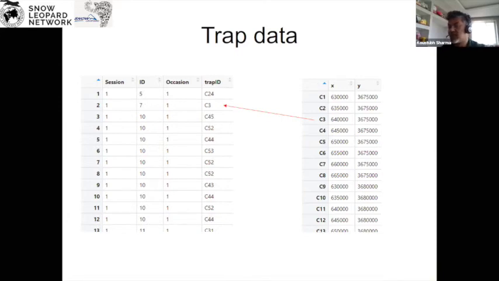When you look at the outputs, you see we have this particular camera C3 having captured snow leopard number 7 in this particular frame, and then so on. You will have capture histories and associated trap data for all the other animals.